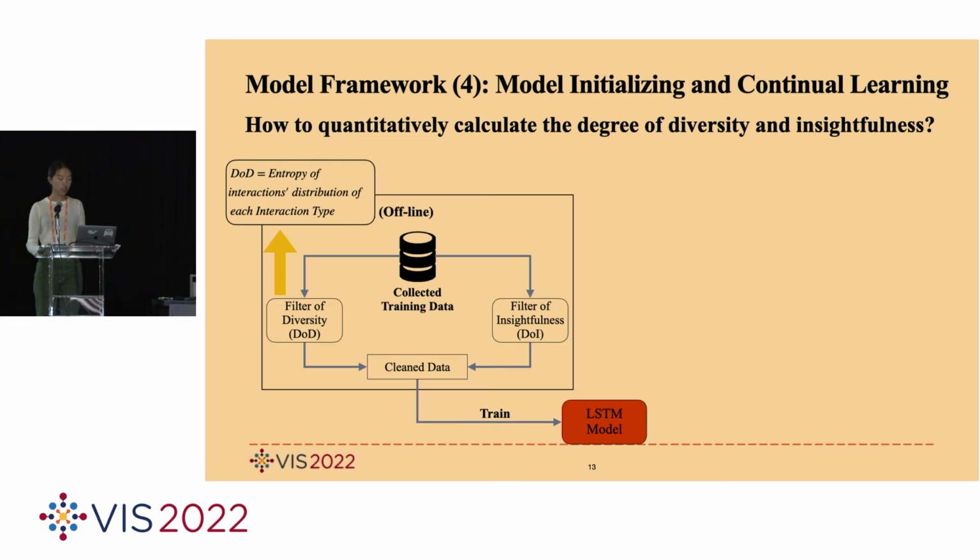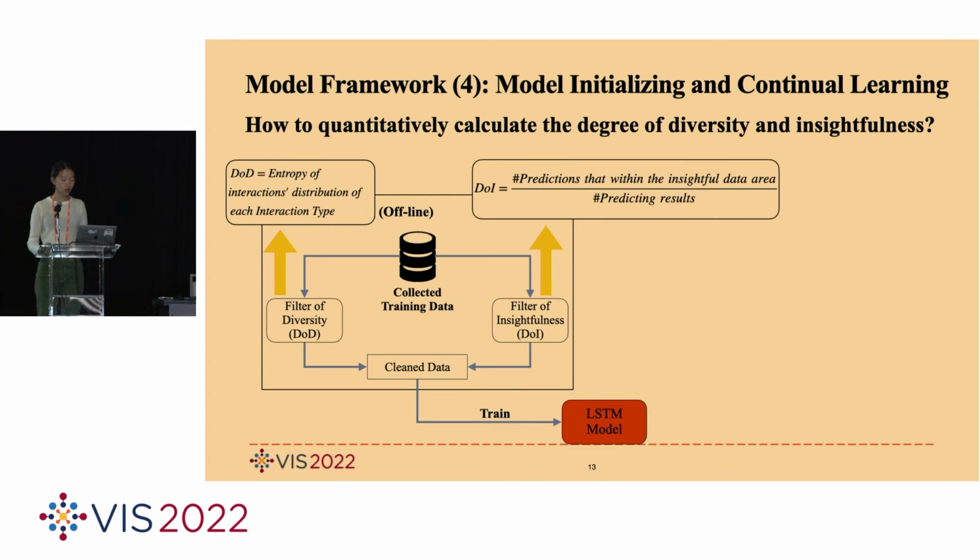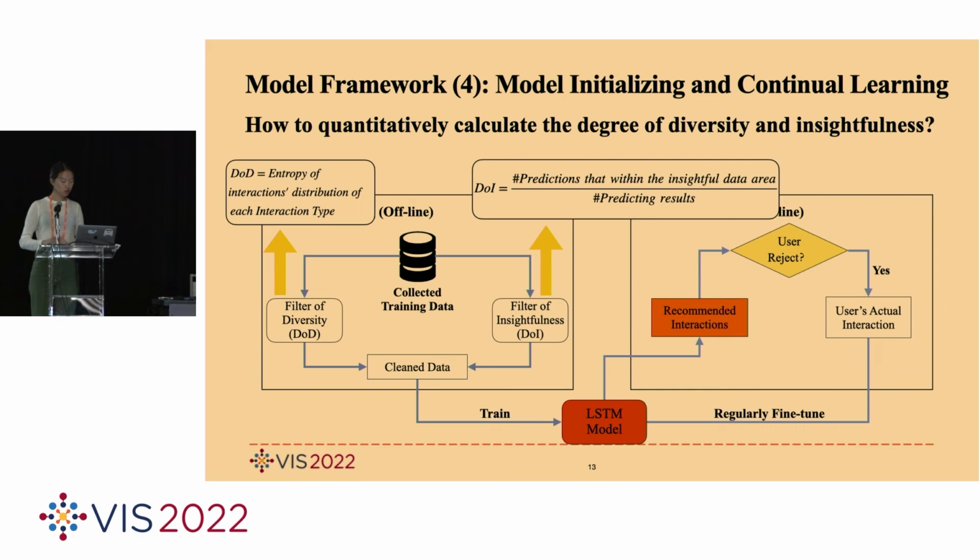And an interaction is insightful if it involves interaction within the insightful data area we define. The continuous learning part works as follows: when a user rejects one interaction, we collect the actual interaction and use the collected data to continuously fine-tune the model to improve the performance.